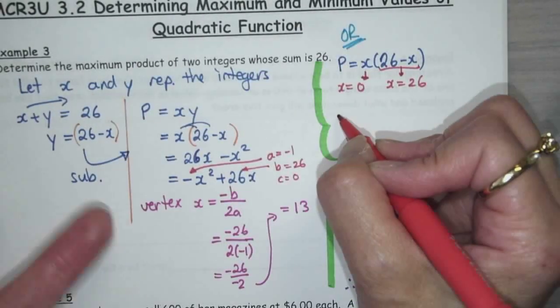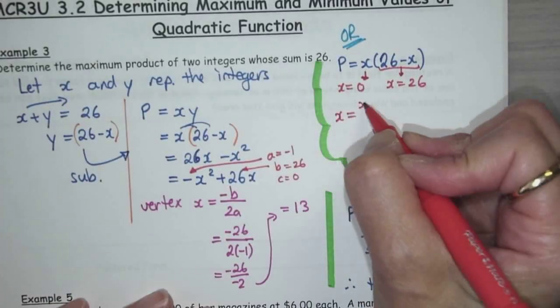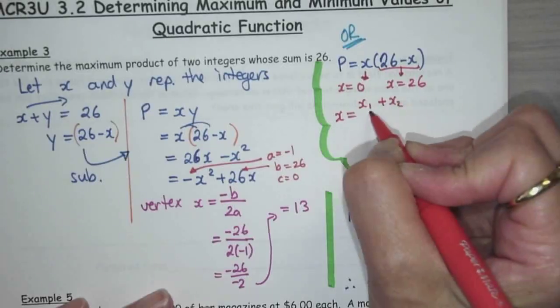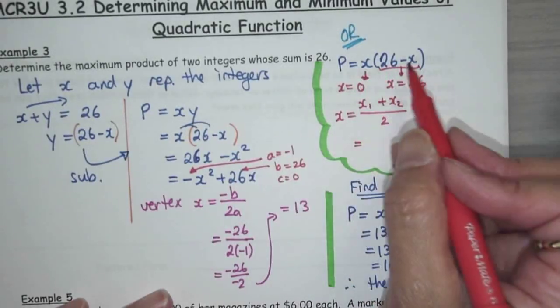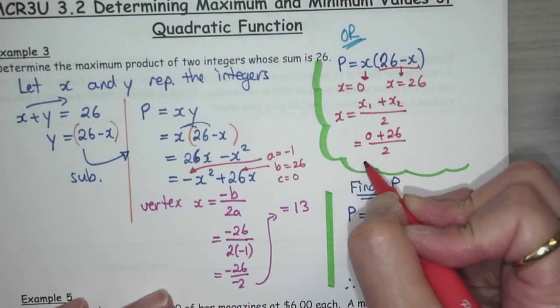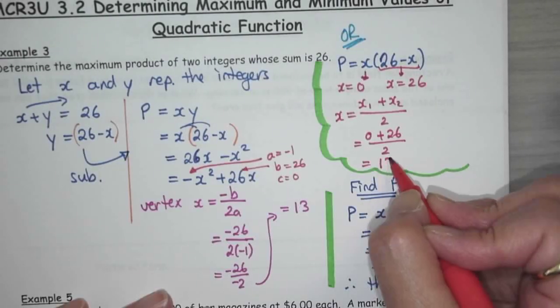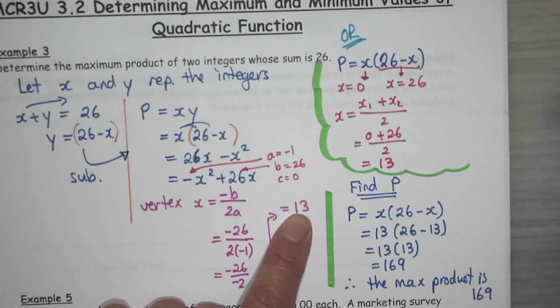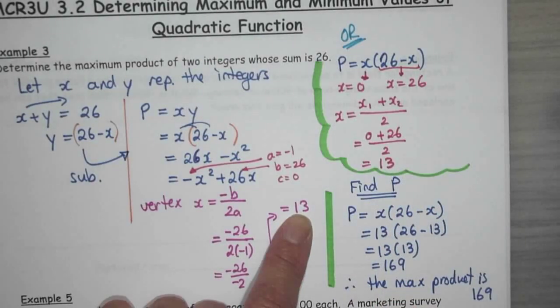You would add the two, and you would say between those two, 0 plus 26 is, you see, 13. Is that the same answer? And then you would have to find P.